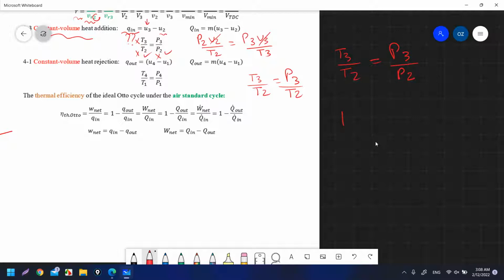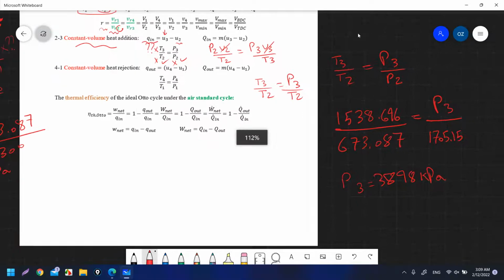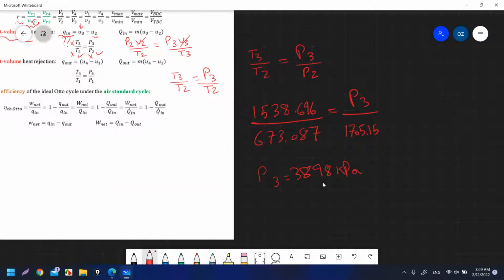T3 we got, 1538.696, T2 also 673.087, and P2 is 1705.15. So P3 is equal to 3898 kilopascal, and P3 and T3 are the maximum pressure and temperature in the Otto cycle. As you can see, P3 is the highest pressure here, and T3 is the highest temperature. Okay, so that is for part A.